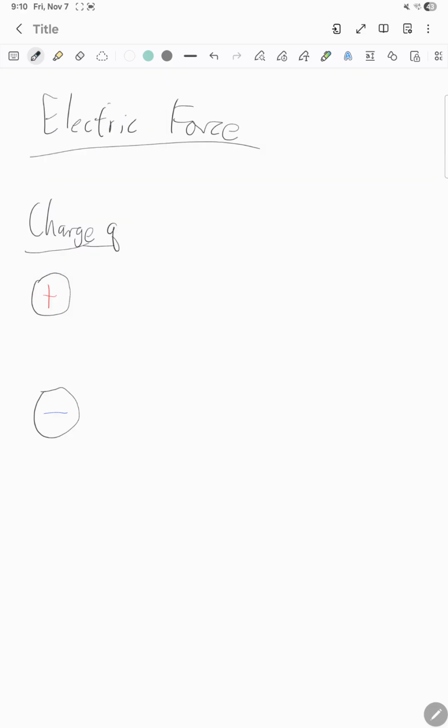Now, a positive and negative charge, just like in classical mechanics, will feel a force and attract each other. But you could also have the same charges, let's say both positive, and this is a bit special because they will actually repel. This doesn't happen in gravity.